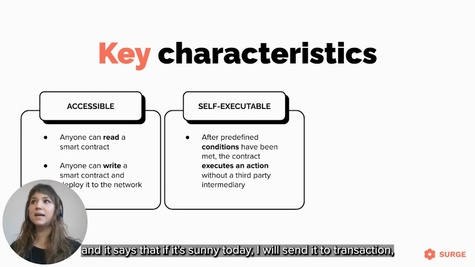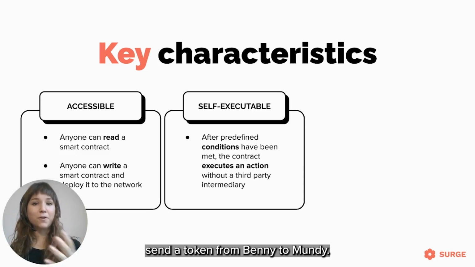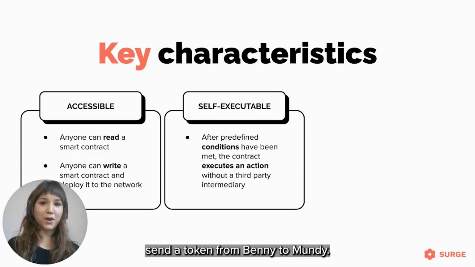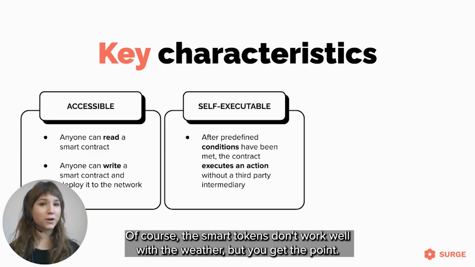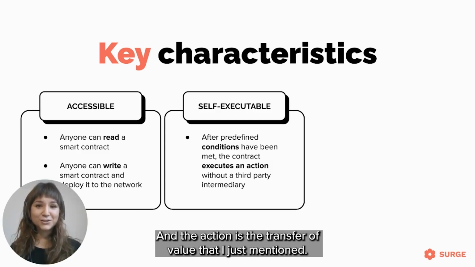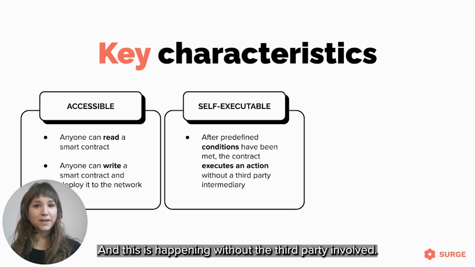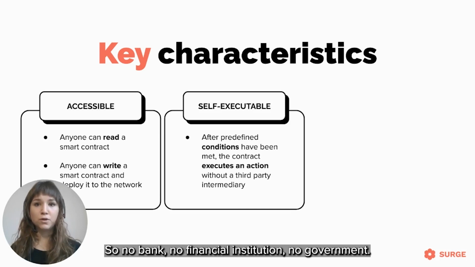And it says that if it's sunny today, I will send the transaction, send the token from Benny to Mandy. Of course, the smart tokens don't work well with the weather, but you get the point. And the action is the transfer of value that I just mentioned. And this is happening without the third party involved. So no bank, no financial institution, no government.